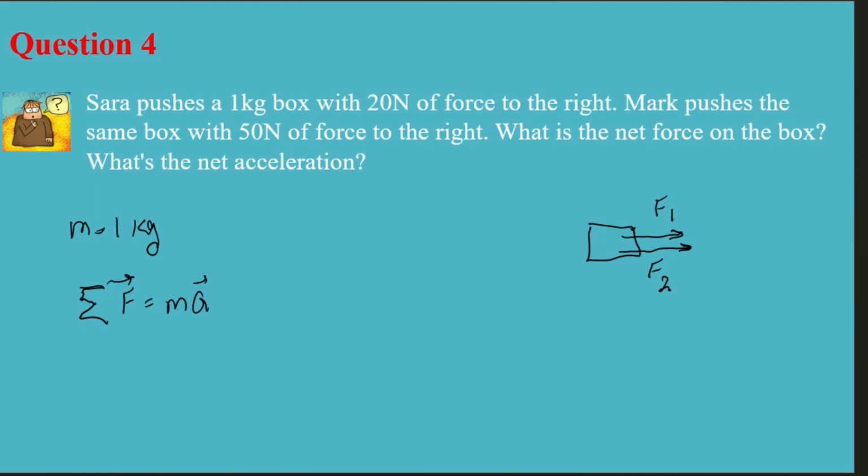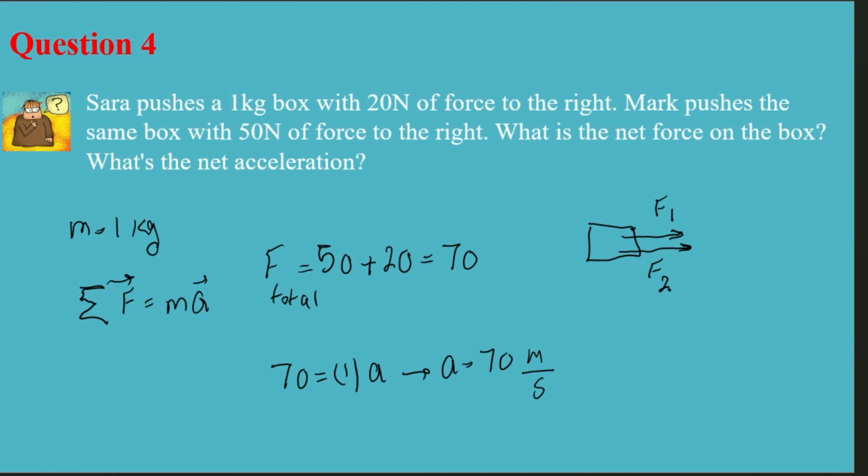But this time, these two forces are in the same direction. So here it is 50 plus 20, which is equal to 70. This is my total F. And now for the acceleration, I have 70 equal to 1 times a, so a is going to be 70 meters per second squared. And that's my final answer for both.